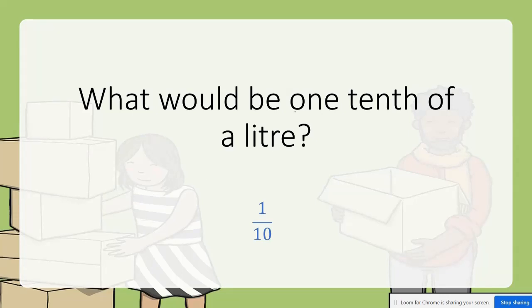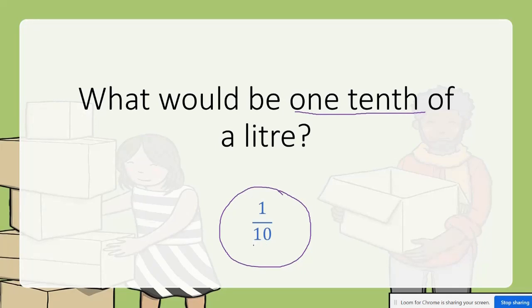So how would we get 1/10 of a liter? In how many parts would we divide 1 liter to get 1/10 of a liter? Remember, in any fraction, the numerator tells you about the shaded part, while the denominator talks about the total number of parts that are there, or the total number of parts the circle is divided into.